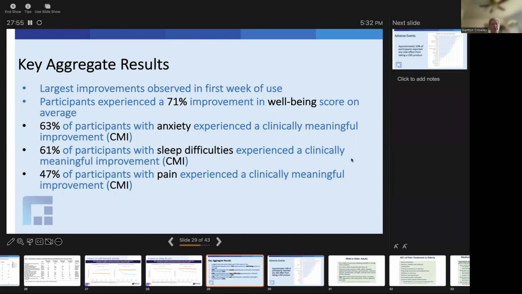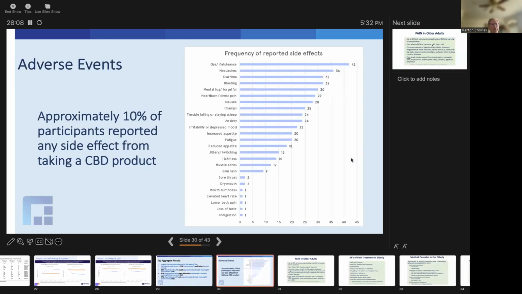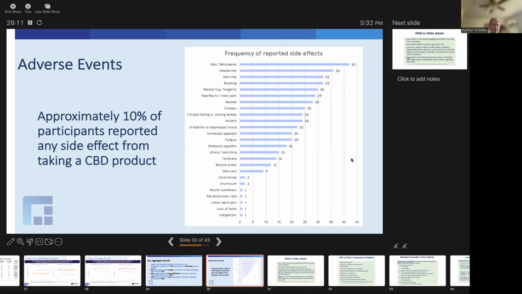I realized that these formulations were really not designed specifically for sleep or anxiety or pain. They were a general CBD product. Adverse events were reported in approximately 10% of the participants, and this lists that frequency and the type of adverse event and the number on the right of each one of these columns.